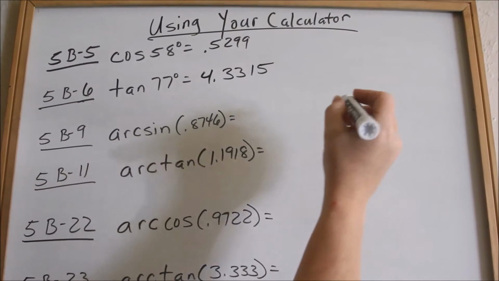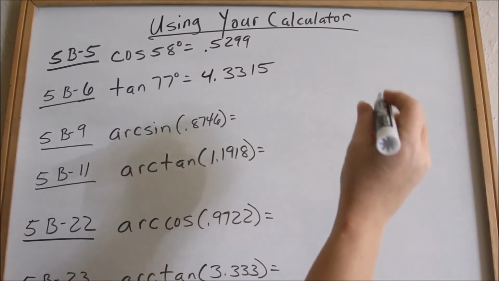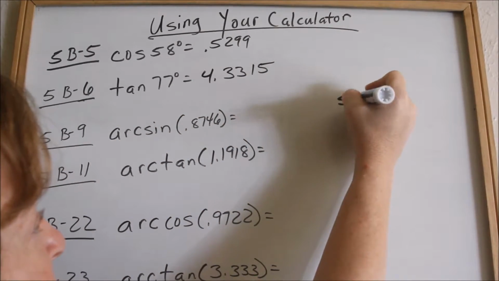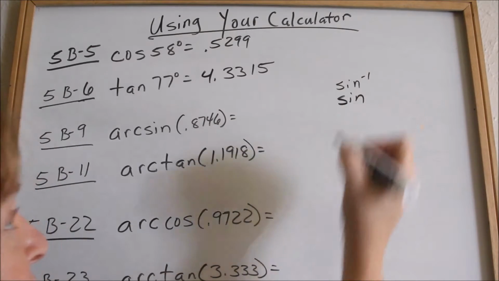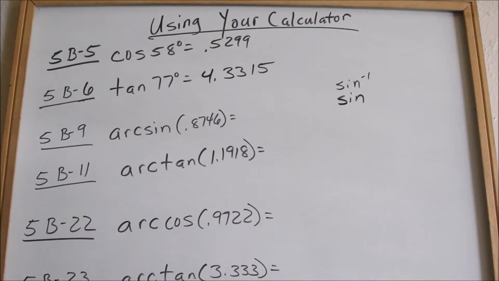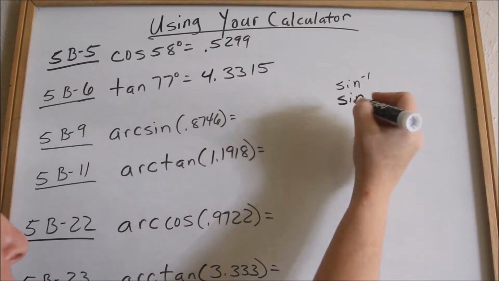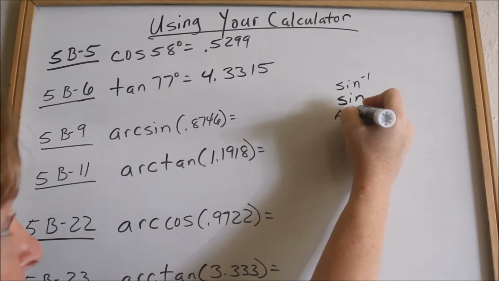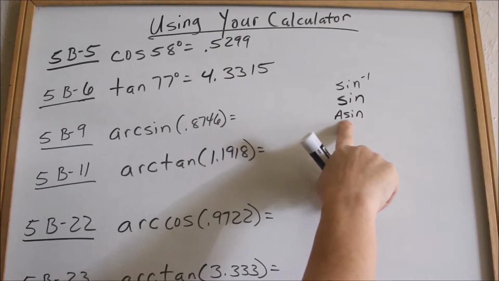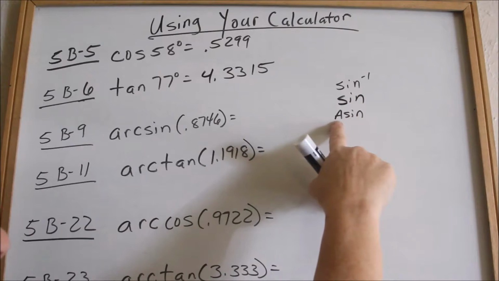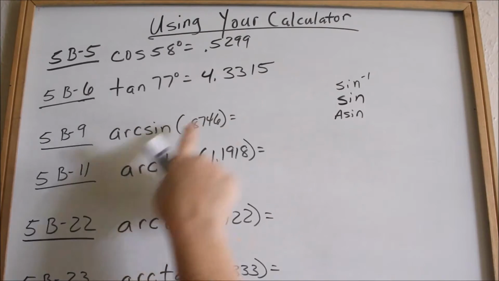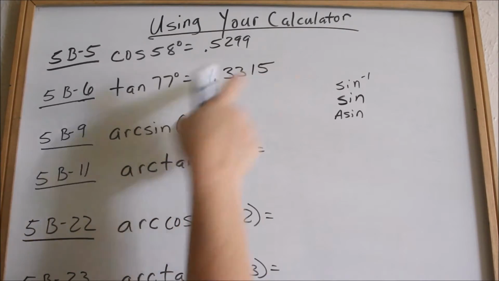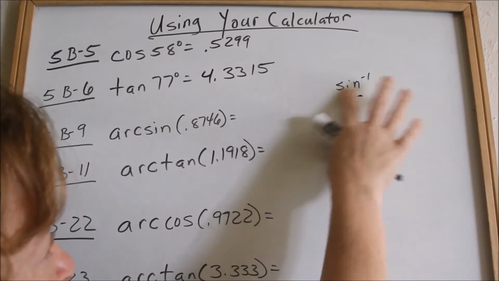You might see on your calculator the sine button, and right above that sine to the -1. On my calculator it says A sine, which means arc sine, also the inverse of sine. So inverse of sine is the same thing as doing the arc sine.